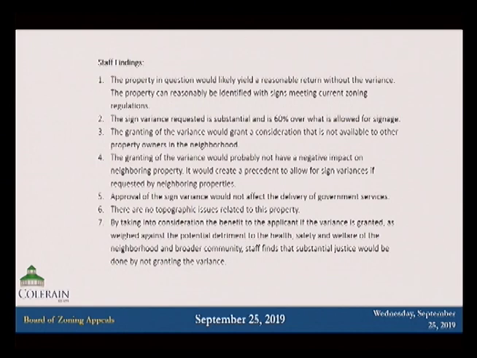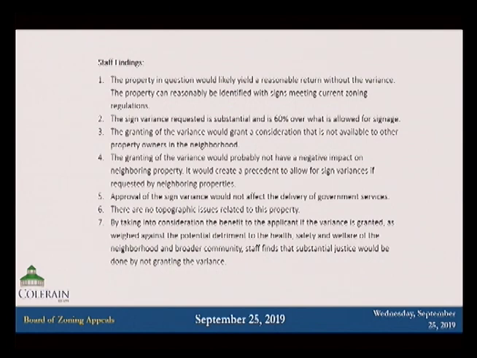So with that being said, staff finds, 1, that the property in question would likely yield a reasonable return without a variance. The property can reasonably be identified with signs meeting current zoning regulations. 2, the sign variance requested is substantial.